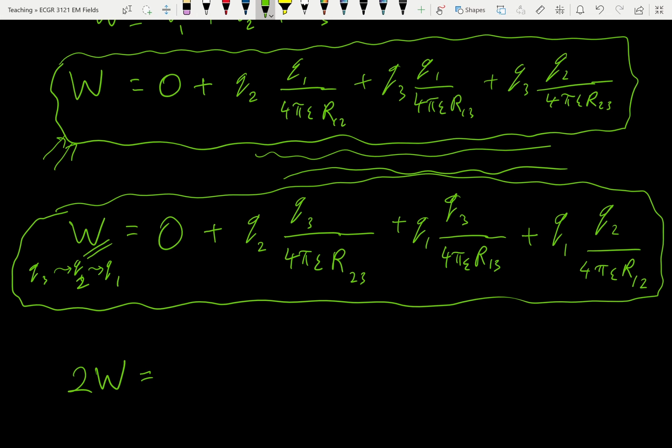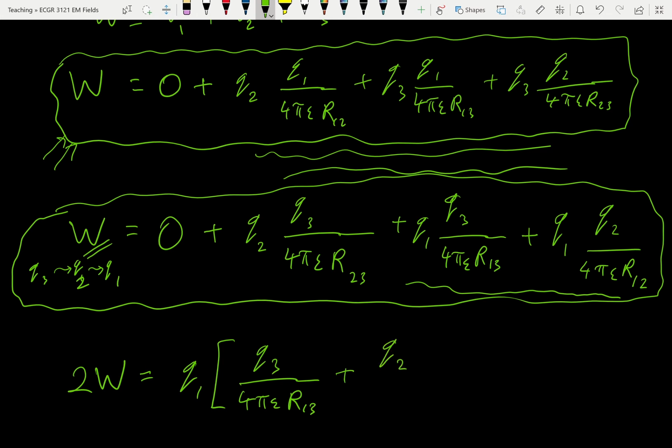Okay, so I'm going to take all the terms that have Q1. What terms have Q1? Those two terms. Right? So notice the suggestive way. So I can take Q1 out, and then I end up with Q3 over 4 pi epsilon R13 plus Q2 over 4 pi epsilon R12. So I took those two terms.